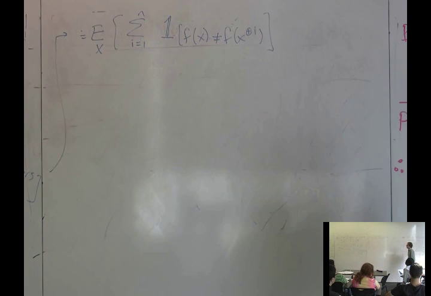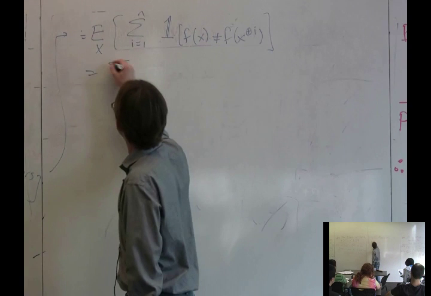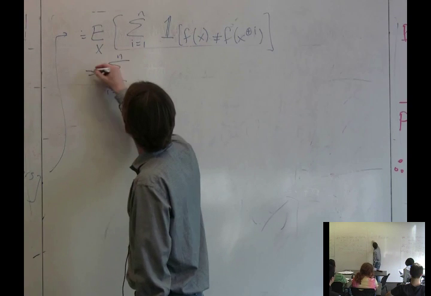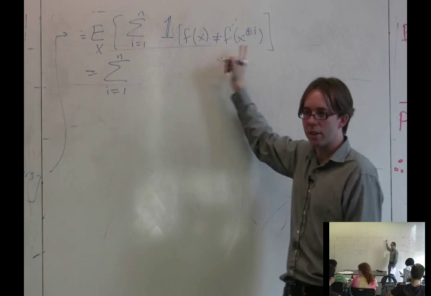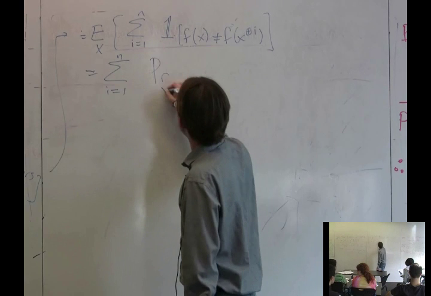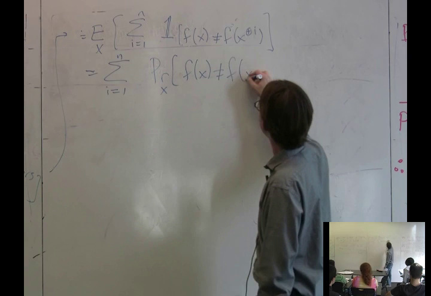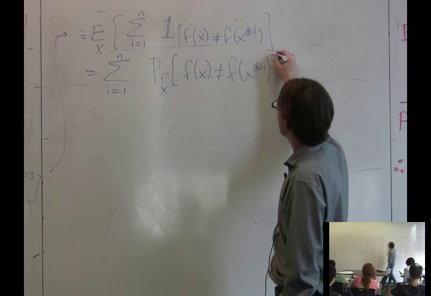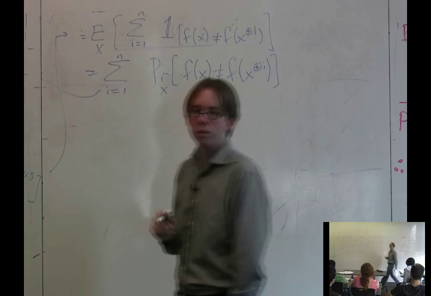That's the definition. We can exchange the sum and the expectation. So inside here, we're going to get the expectation of the indicator that f of x differs from f of x with the ith bit flipped, which is just the probability that f of x differs from f of x with the ith bit flipped, which is indeed the sum of the influences.